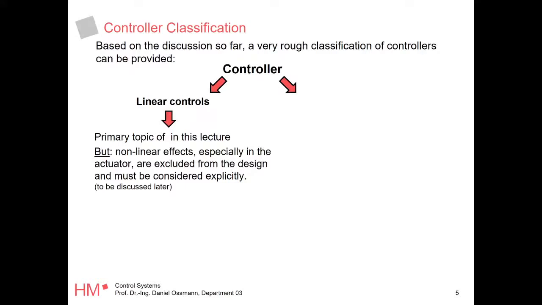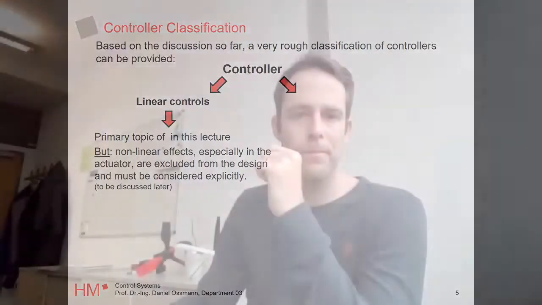And this is now my own very rough categorization of different controllers. We consider linear controllers, they're going to be our primary topic, and all nonlinear effects, we're going to talk about later, right? What are nonlinear effects? Well, think of the aircraft. There is a maximum rudder position you can go. This is a hard nonlinearity.